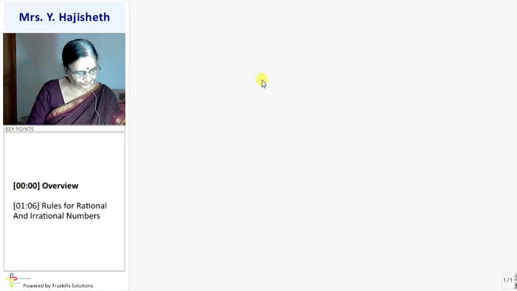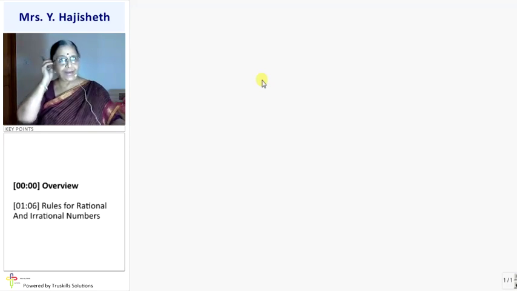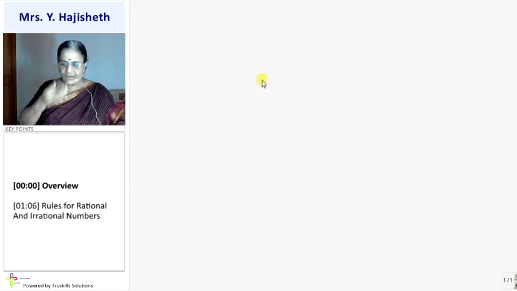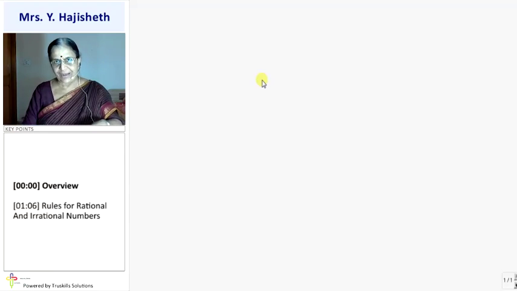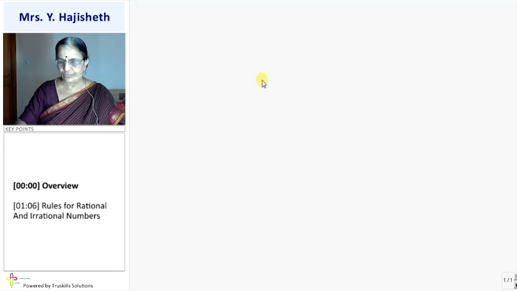Not only that, we completed that rational numbers are either terminating or recurring, and irrational numbers are neither terminating nor recurring. Clear? And pi is an irrational number. The approximate value is 22/7. So this pi is an irrational number, so it is neither terminating nor recurring. Okay? 22/7 is not the exact value. Okay?